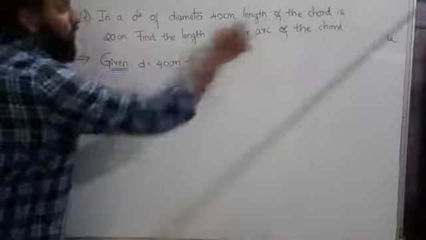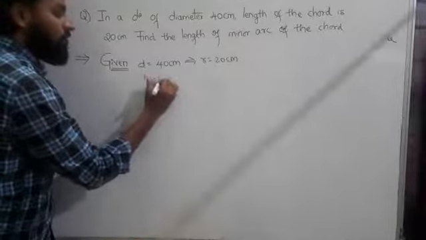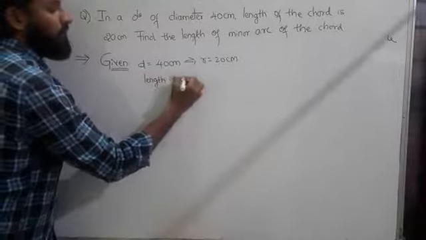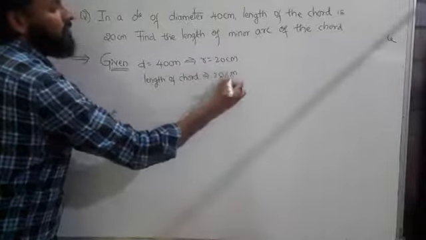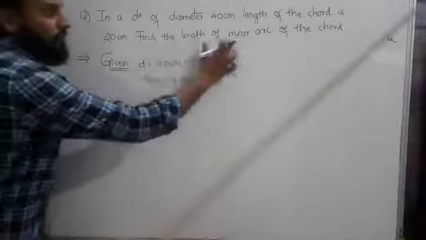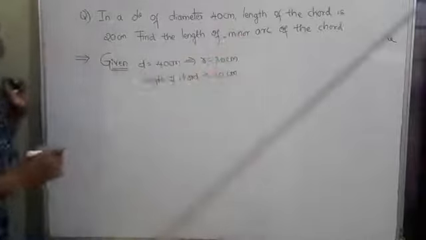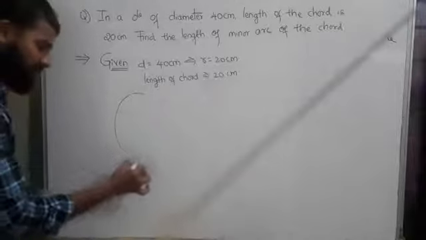Length of the chord is 20 centimeter. I don't know what's the use of this one. Find the length of minor arc of the chord. Well, let's draw the circle first.